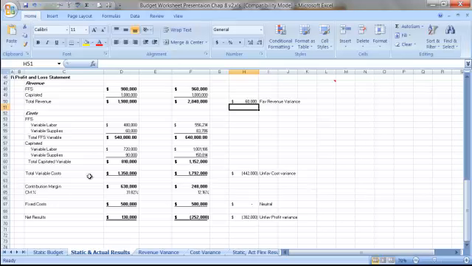So let's look at our total variable costs. Well, we thought we would have this much cost, but we had this much. That's definitely unfavorable. Unfavorable is always going to be in credits a negative. We have to take our static numbers less our actual, and we get the negative 442.